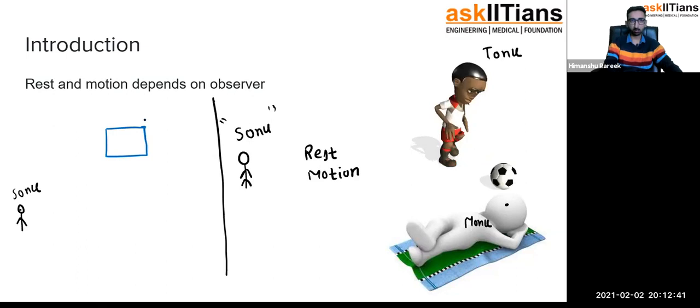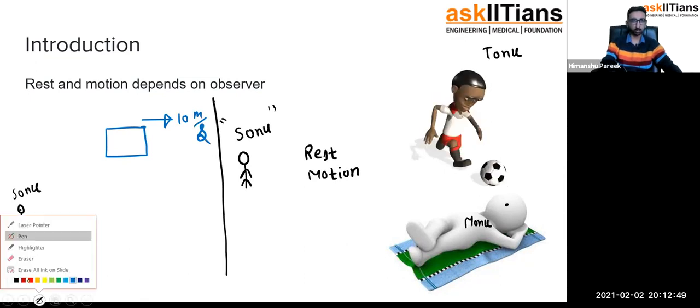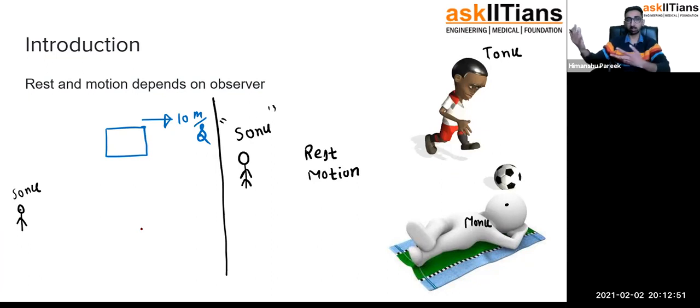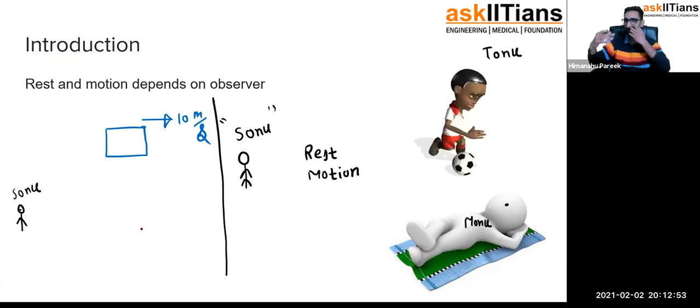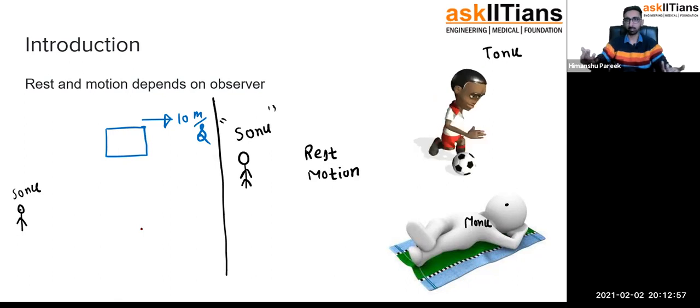This car is moving with a constant velocity. It is covering 10 meters of distance in 1 second. I hope you know the general meaning of velocity: distance, or displacement, covered per second. It is covering 10 meters in a second.